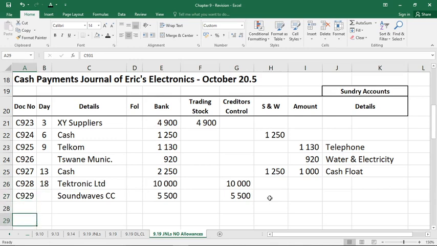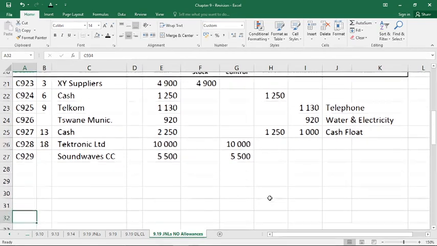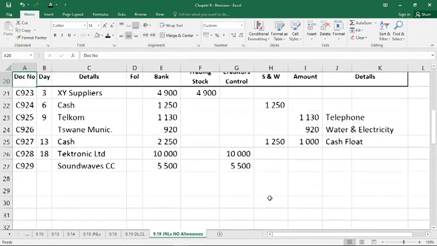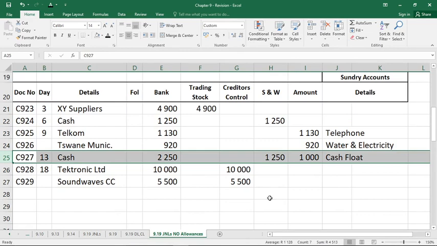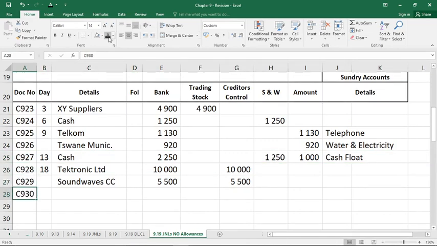On the 20th, cashed a check to pay the wages with an 8% increase for the 3 wage earners. Okay, so earlier on in the CPJ over here, there was a 1250 and there was a 1250 over here. So now when we get to the 20th, it's still cash, but it's going to be 8% more than 1,250.